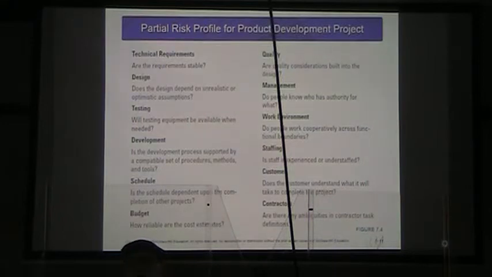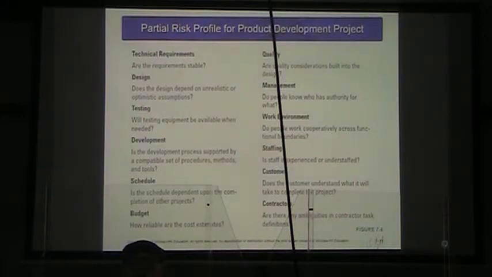All right, so this is a partial risk profile for a product development project. Our technical requirements, are our requirements stable?